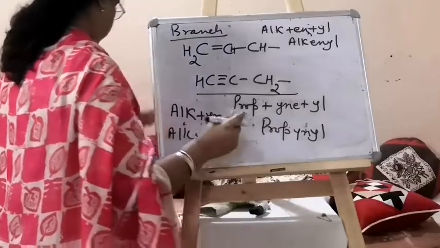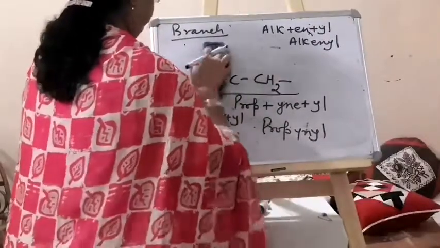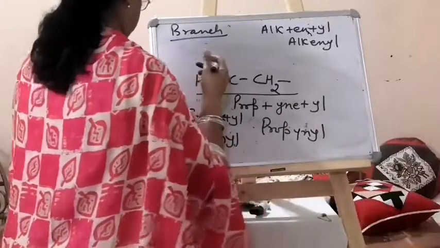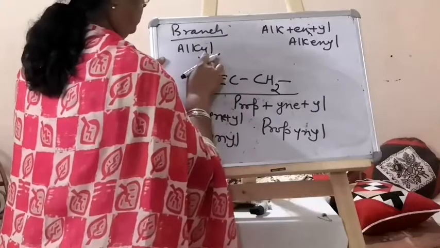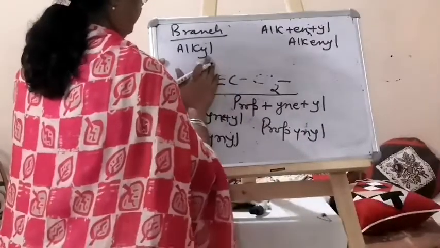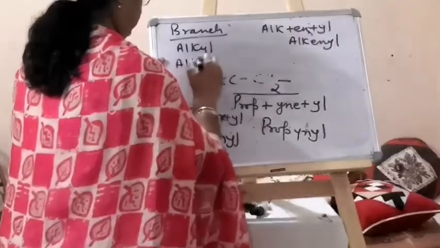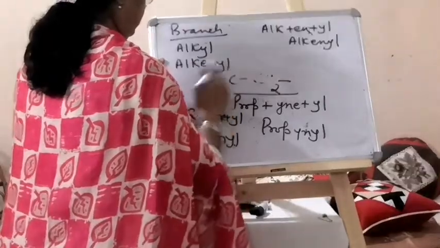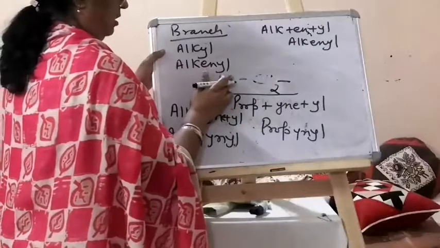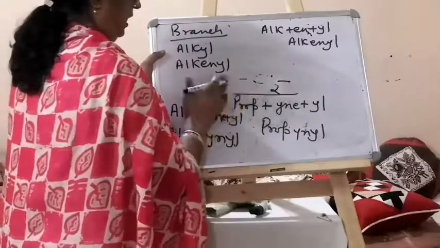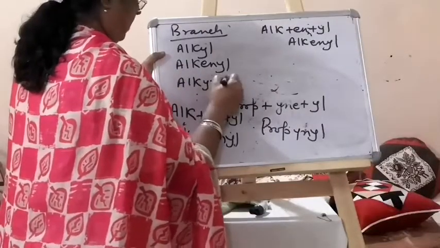alkynyl. So you have learned today about the branch. Examples we will do later on. That is your alkyl. When single bond, one hydrogen less, when it is a branch, methyl, ethyl, propyl, butyl. Then you have learned alkenyl, that meth we won't have, we will have ethenyl, propenyl, butenyl, etc. Then we have alkynyl.